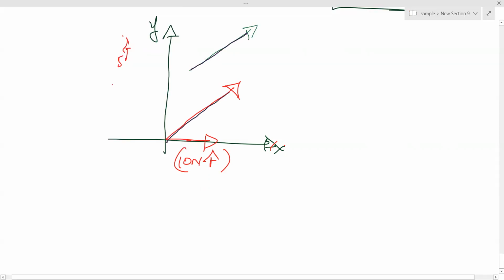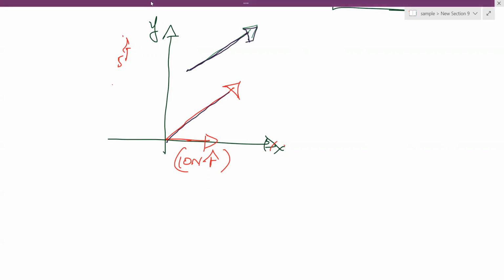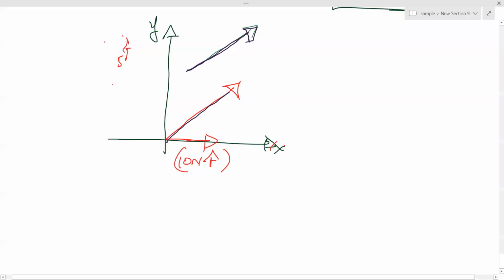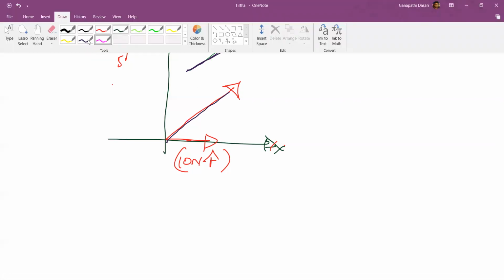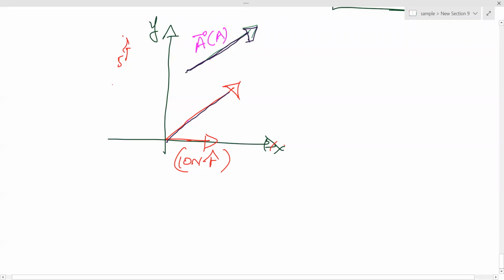If this vector is like this, I shifted it parallelly like this. Do you have any problem or issue? No, sir. So this vector, I want to represent in terms of x and y, that means i cap, j cap, k cap terms. Now carefully observe.